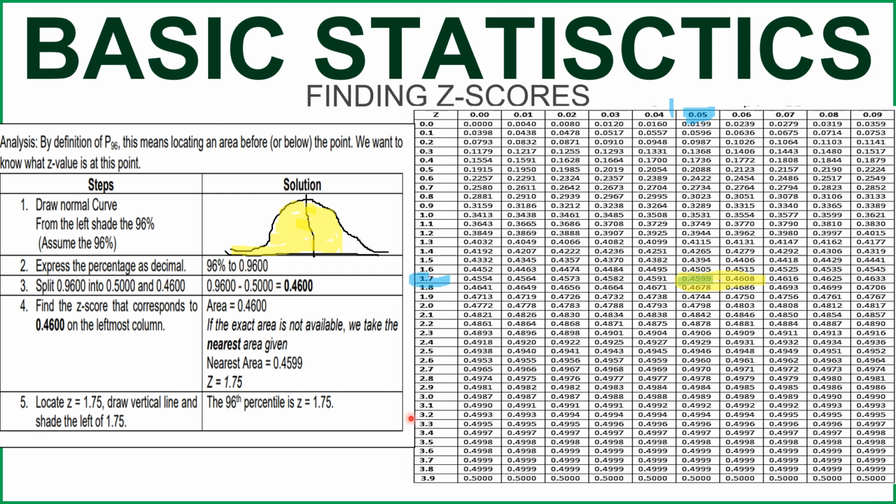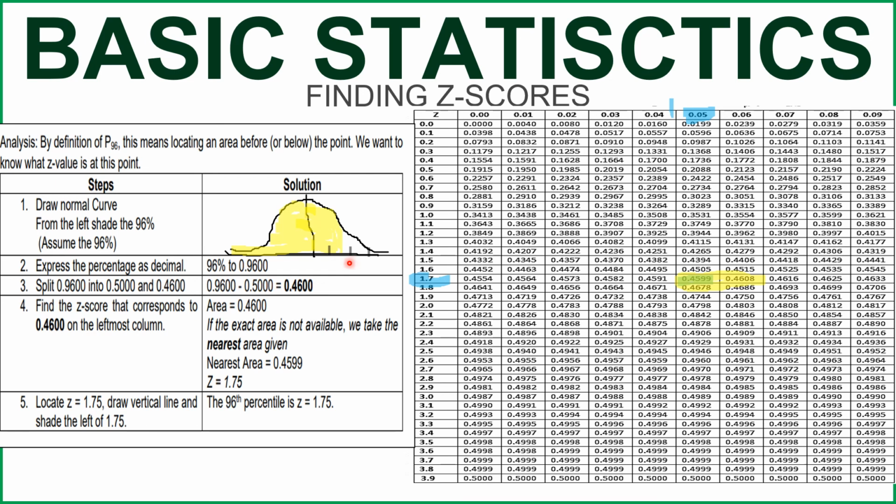So, pwede na natin siyang madraw. Kapag draw nyo yung normal curve, hanapin nyo kung nasan yung 1.75. Let's assume na this is 1, this is 2, and this is 3. So, kung titignan natin, this is 1.5, or this is 1 and this is 2.